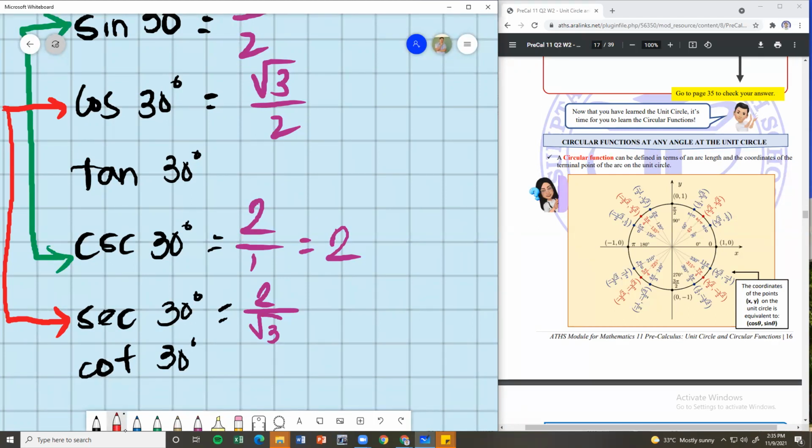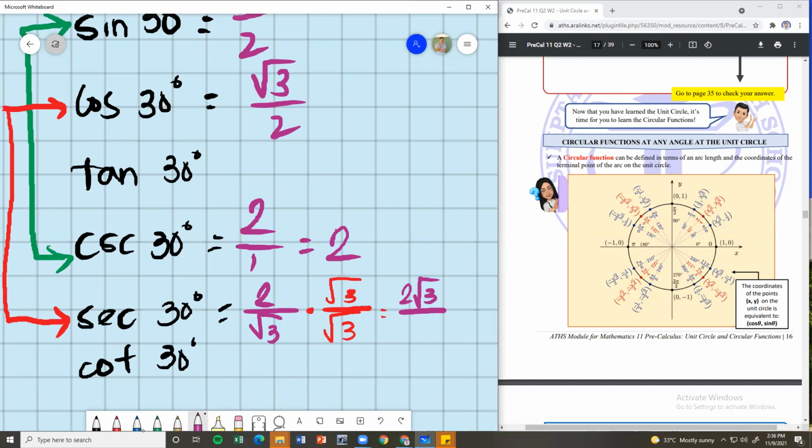So therefore, what will we do? We need to rationalize it. So multiply this by whatever is in your denominator, that's what you multiply to both the numerator and the denominator. Can you follow? So this will become 2 square root of 3 over square root of 3 times square root of 3, that becomes square root of 9.